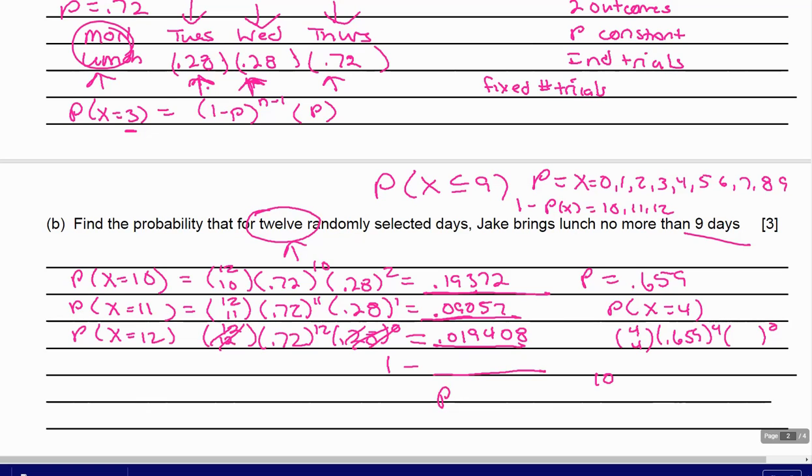What I want to know is the probability that x is equal to 7. Not greater than and not less than, exactly 7 out of 10. So that would look like this. Whoops, 10 trials, 7. Hang on, back up. 7 of them are successes, and then 3 of them are failures.